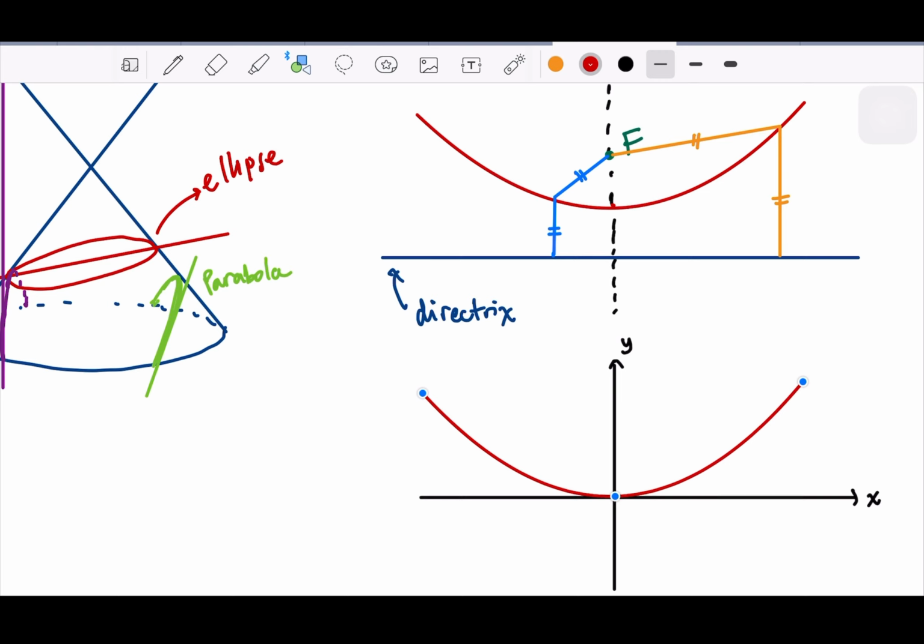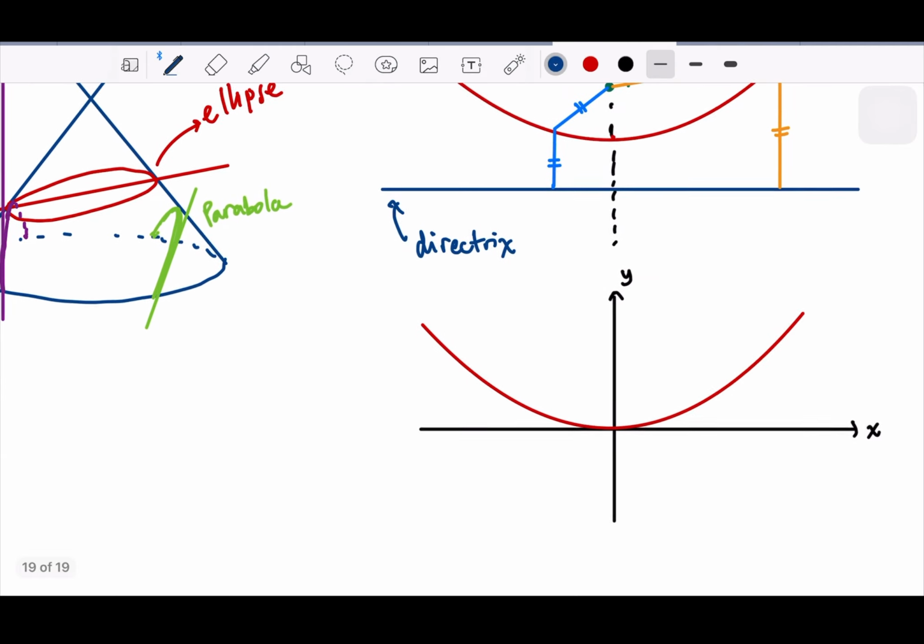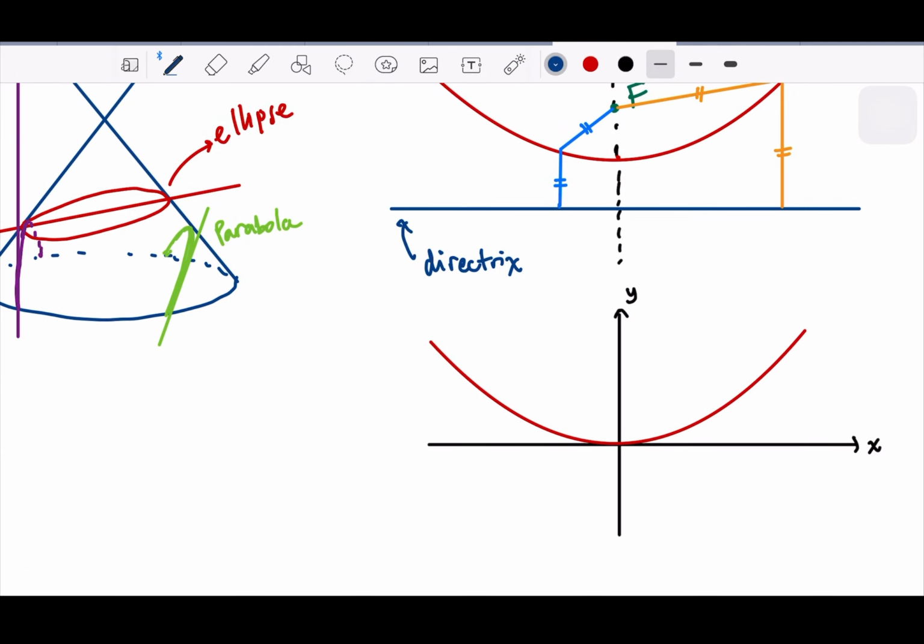And then put another line, maybe around here.